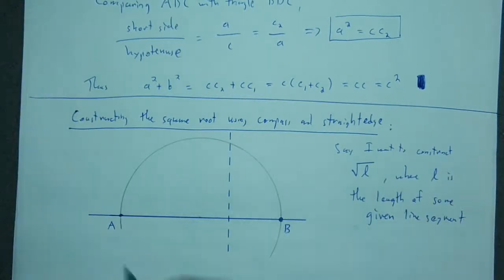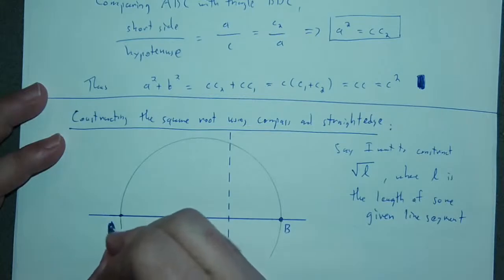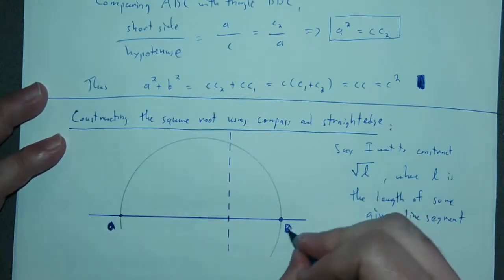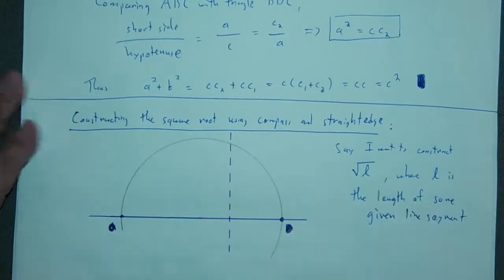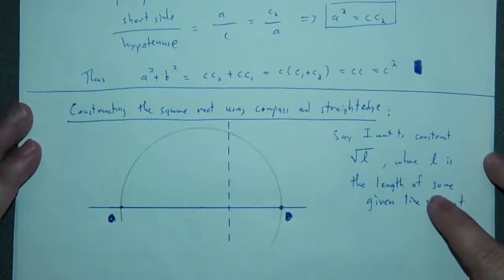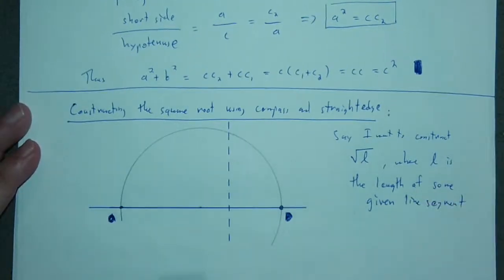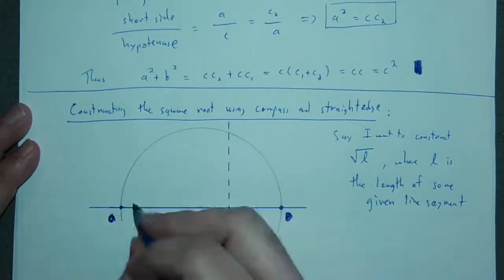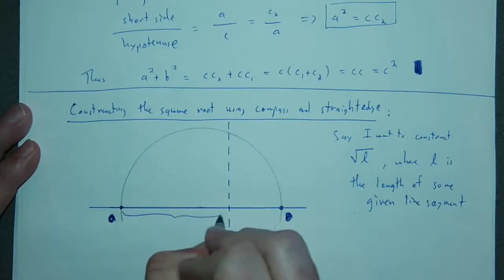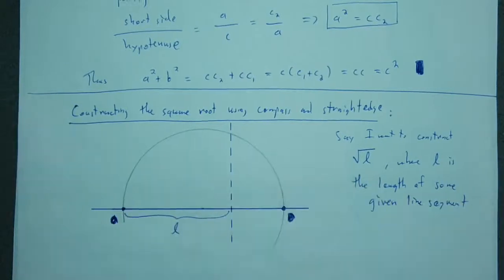Now, what I think I'm going to do, so that there's no confusion, is instead of labeling these points, I'm not going to label them at all. And so, how this is done is the following. Let's say that the length in question is this length, L.